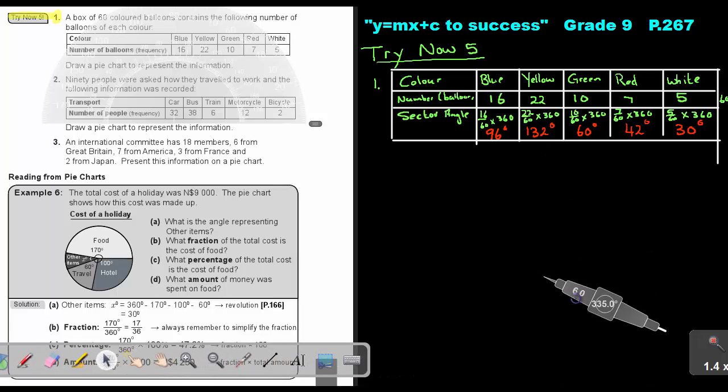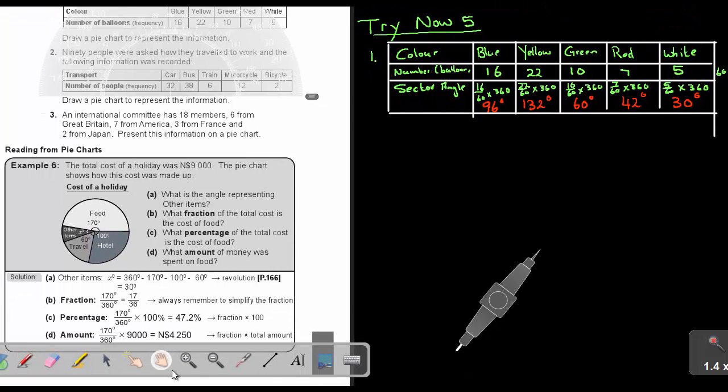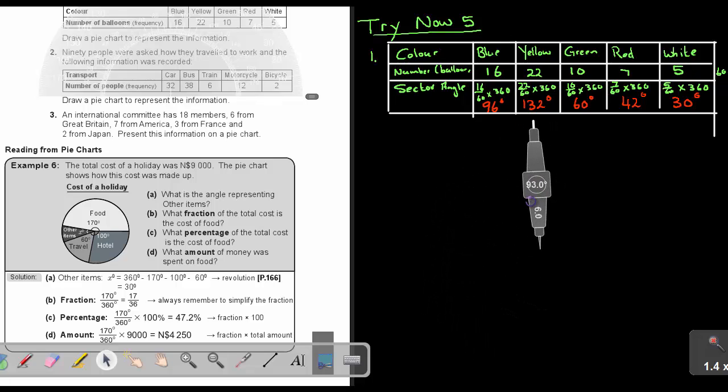I can move it a little bit up, because the most important thing is that it must just fit. I think it's going to fit there and there. Okay, so let's start. Let's first draw a circle.